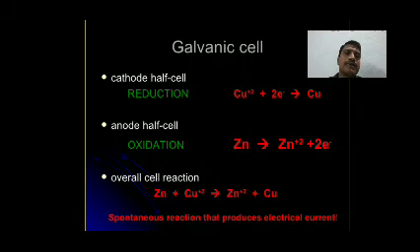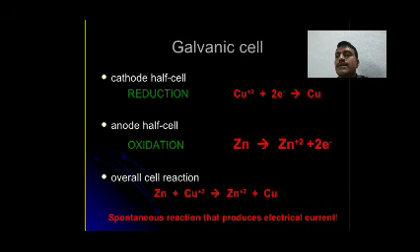Electrolytic cell and galvanic cell are two different cells. These cells use two different reactions. One converts electrical energy into chemical energy, and is called an electrolytic cell. The one that converts chemical energy into electrical energy is called a galvanic cell.